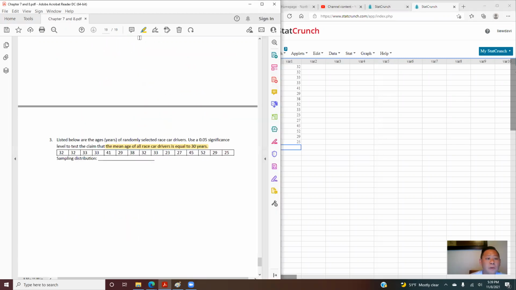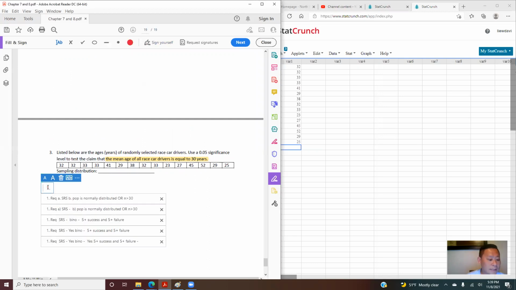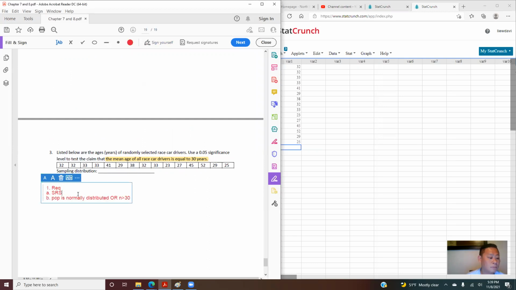So let's talk about your requirement check. Is this a simple random sample? Yes, it's in the question. Randomly selected right here. Is the population normally distributed or is your sample size more than 30?